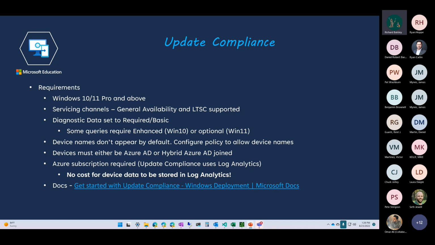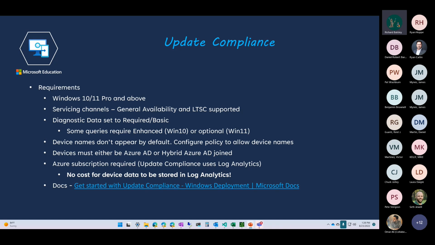And device names don't appear by default. So when you look into the update compliance data and you start looking through the queries for individual machines, if you don't configure a policy to allow device names, then the device names just don't show up. By default, we try to scrub the data so that there isn't any personally identifiable information on it.